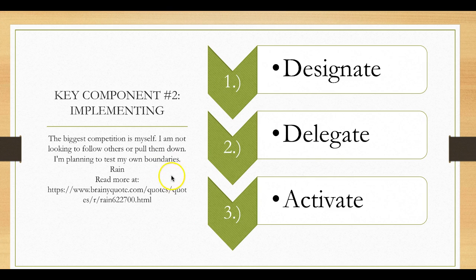Now, this implementation process has 3 steps or 3 portions. We're going to designate, delegate, and then activate. We're going to designate the time when it's going to occur. And when I say when it's going to occur, I'm talking about the why. We're going to delegate those team members and give them what you want them to pull out of you.